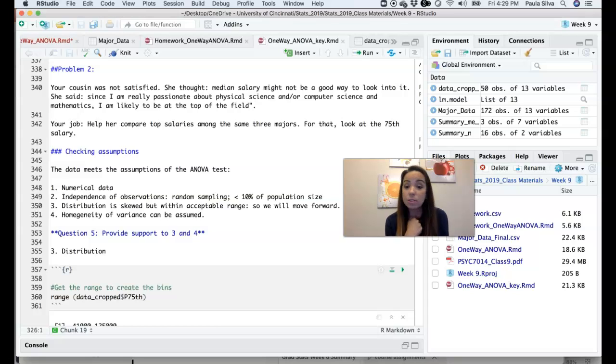So she basically told you, I want to look at top salaries and see if those top salaries are different across the major categories. So your job is to help her compare top salaries among the same 3 majors. And for that, instead of looking at the 50th percentile salary, we're going to look at the 75th percentile salary, which is the top salaries in the fields.